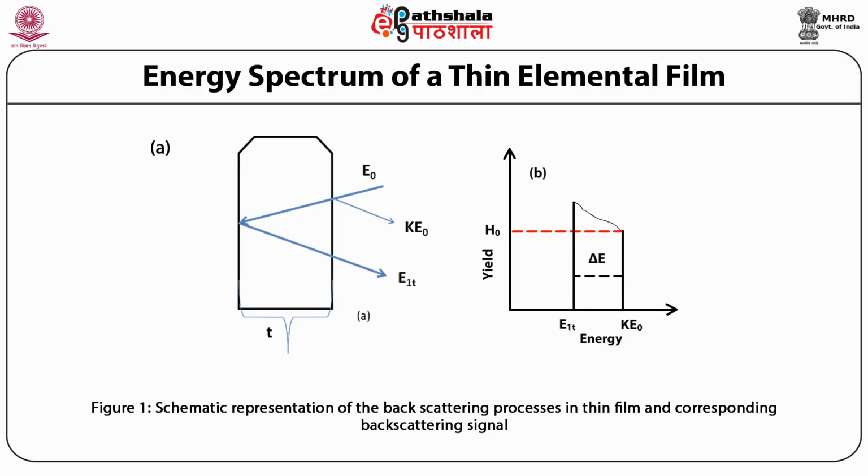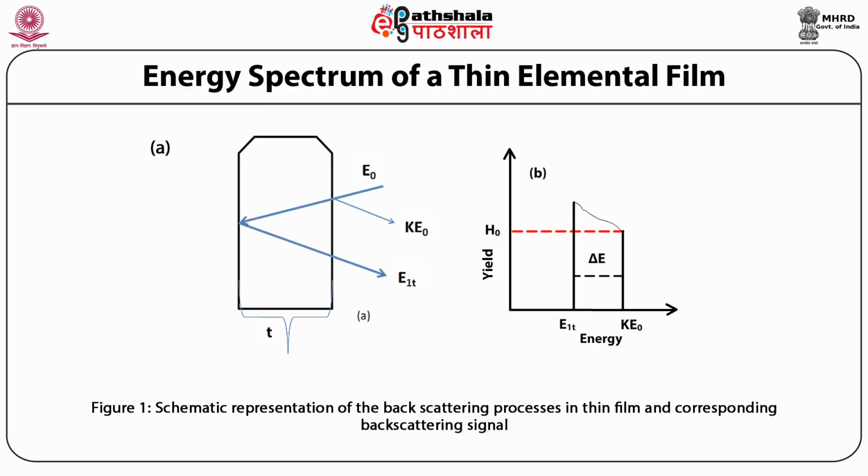In order to analyze the energy spectrum of a thin film, we assume that the thin film contains atoms of a single element per unit area. It also contains a thin film with an element of higher atomic mass than the substrate itself. A typical spectrum is shown in the figure below with the suppression of the background signal.